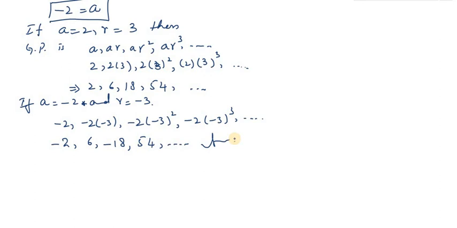And similarly, in question number 6, the question is to find the fifth term from the end of the geometric progression 2, 6, 18 and up to 486. You have to find the fifth term. So this is the same. A is given as 2 in the first part of question number 6 and R we can find as second term divided by first term, 6 upon 2 is 3.